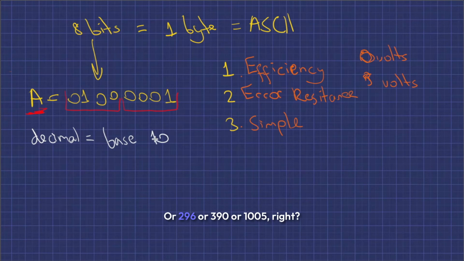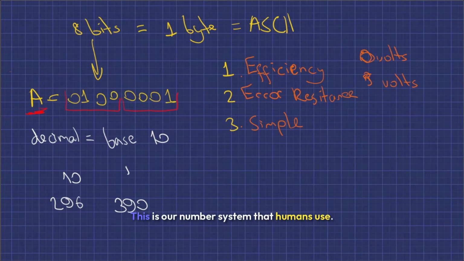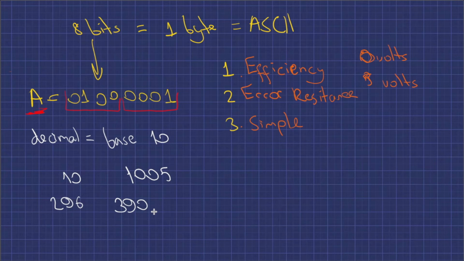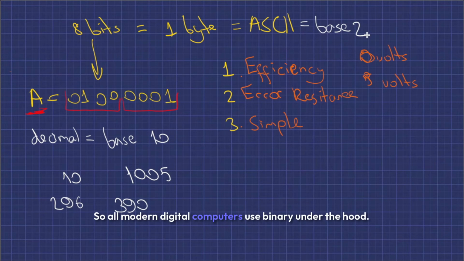Or 296 or 390 or 10005, right? This is our number system that humans use. But binary, which is base 2, is perfectly suited for hardware. So all modern digital computers use binary under the hood.